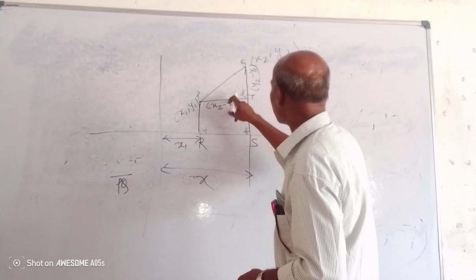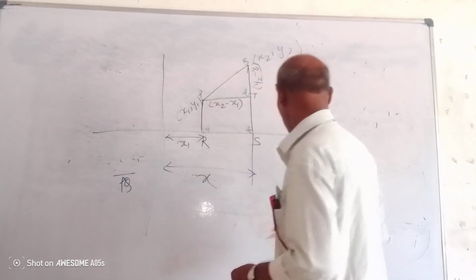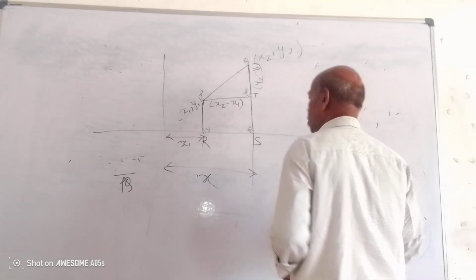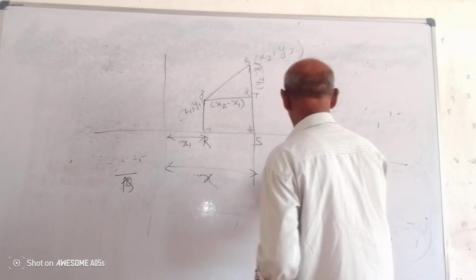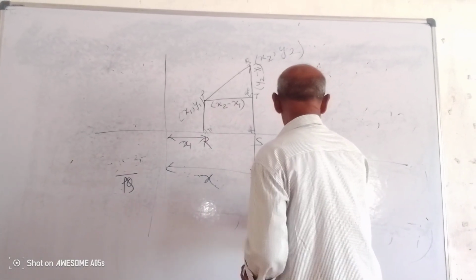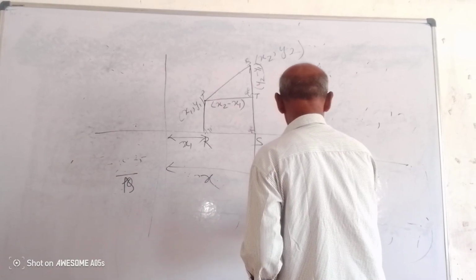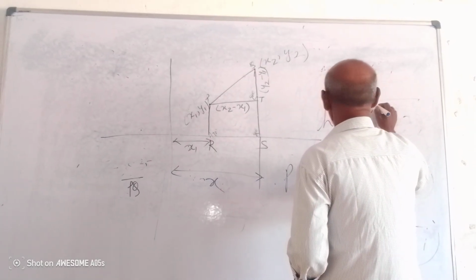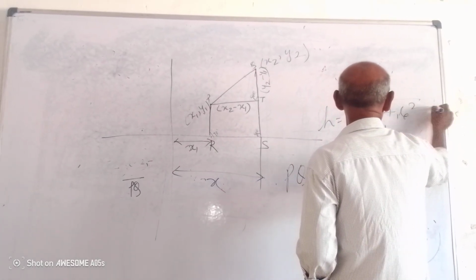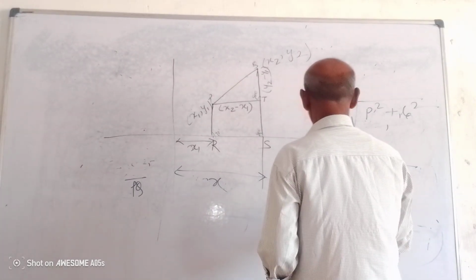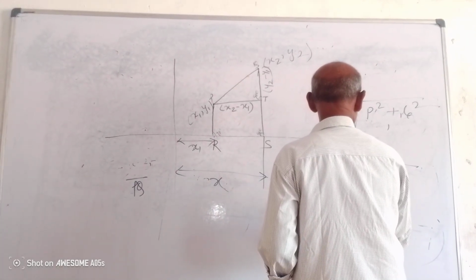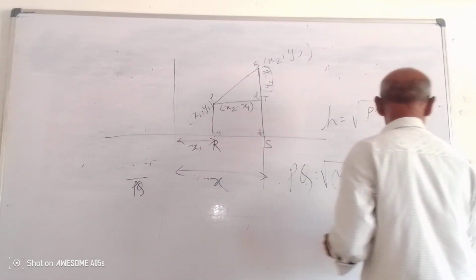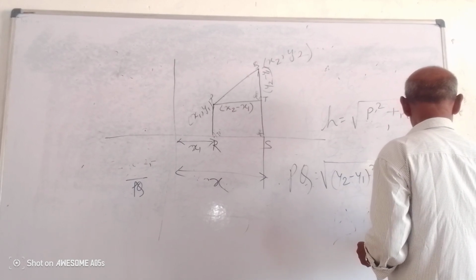According to the Pythagoras theorem, PQ is the hypotenuse. Hypotenuse squared is equal to perpendicular squared plus base squared. So PQ is equal to the square root of (y2 minus y1) squared plus (x2 minus x1) squared.